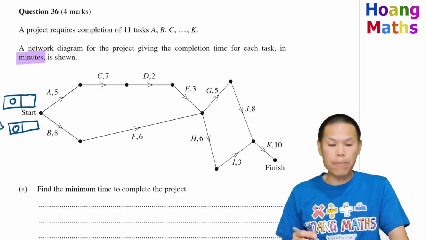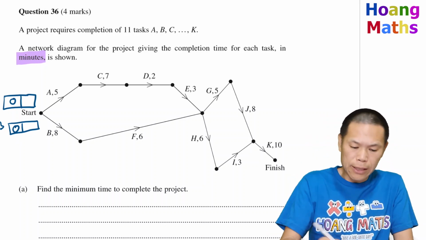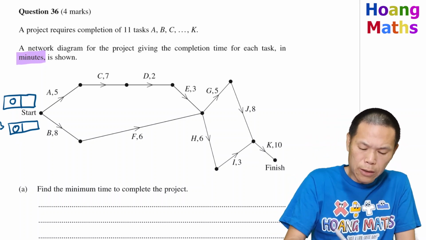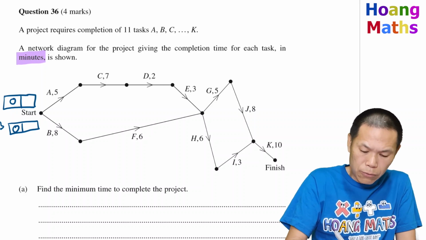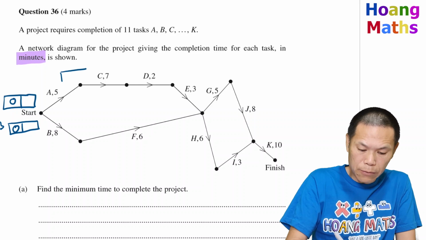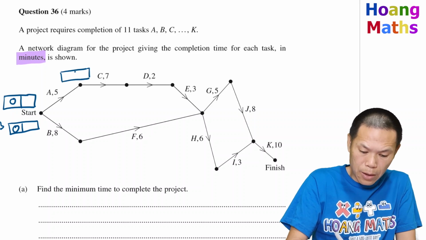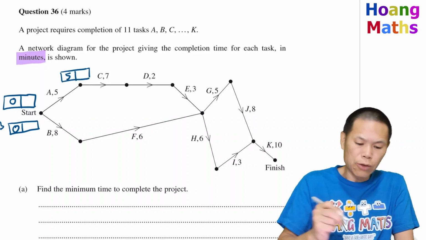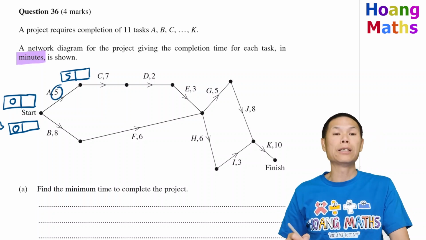Then to start on activity C, we need to add 5 to 0. That gives me 5, because 0 plus this 5 is 5.